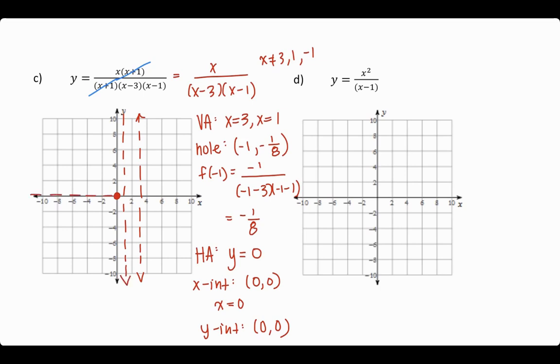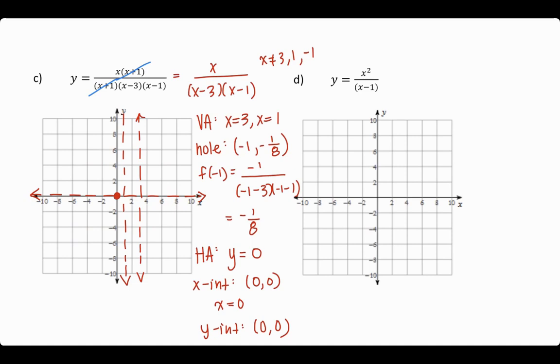You'll notice that my x-intercept is on my horizontal asymptote. That is totally legal to have that happen, because the horizontal asymptote is really a behavioral asymptote. It's your end behavior, what is happening there. So the middle can do whatever. It's just at the ends we need to make sure that we approach that.